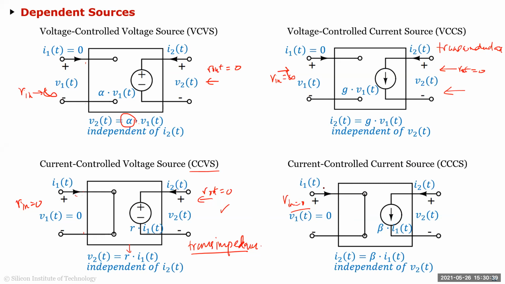So it's a short, and you monitor this current, and the output is some real number beta times this input current. And the output impedance, sorry, I think I made a mistake: the output impedance is infinite as well. It's a current source, so the output impedance is infinite.